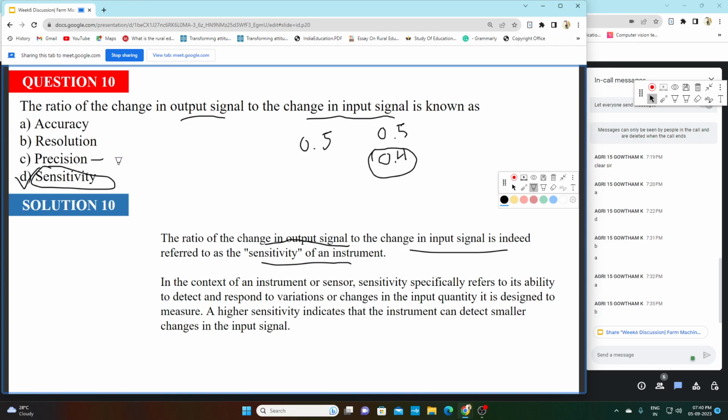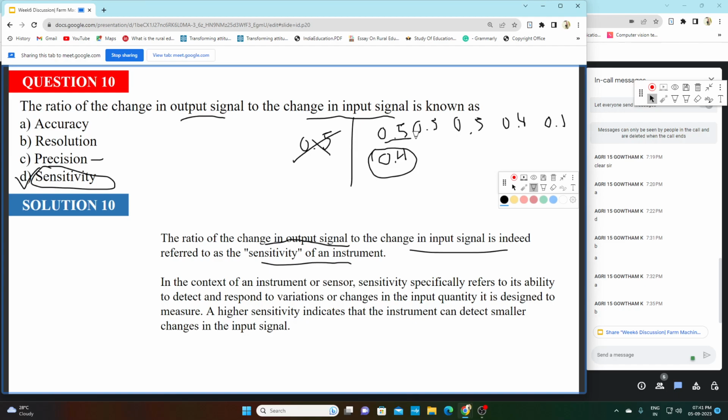Now what about precision? In precision we are only concerned about the measured values, we are not looking at the actual value. Like if we take 5 measured values and they come as 0.5, 0.5, 0.5, 0.4 and, let's say, 0.1.